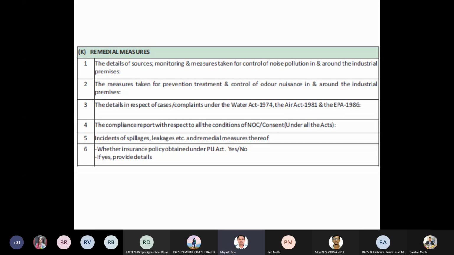Then remedial measures. So the details of sources, monitoring and measures taken for control of noise pollution in and around the industrial premise. That is important. So there is a limit for noise, right?